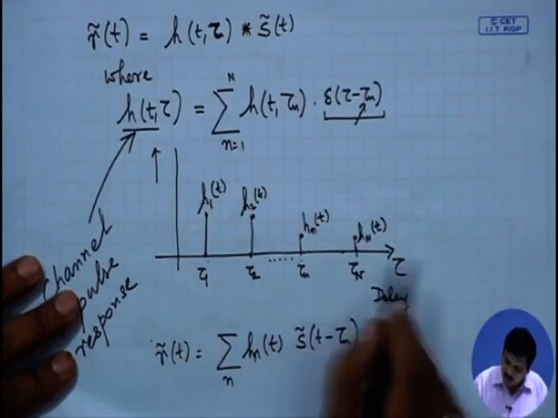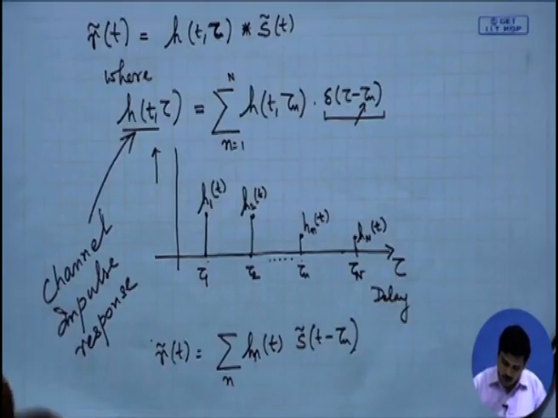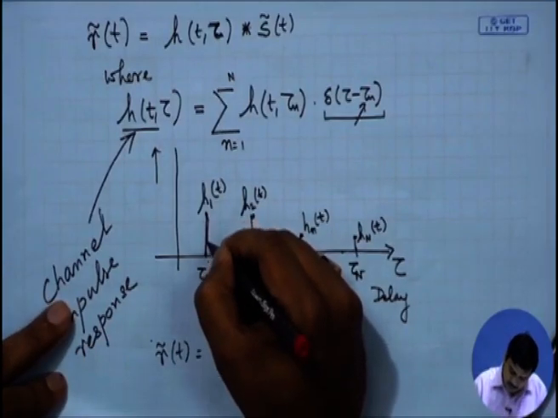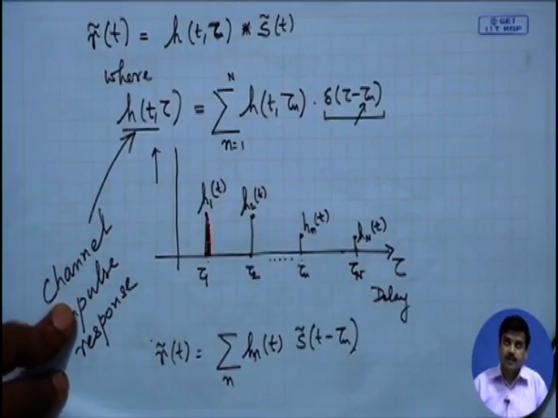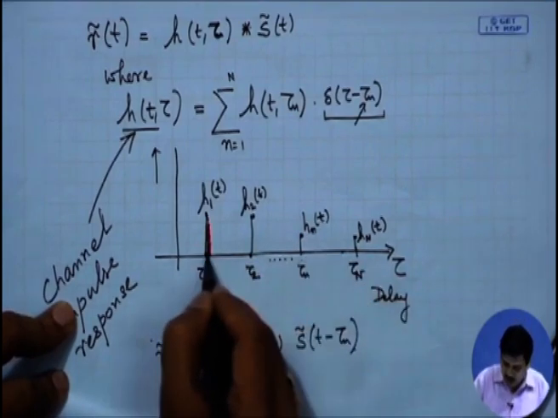Now, these tau n's are very close to each other. So, we will probably have h 2 over here, h 3 over here, h 4 over here, h 5 over here, h 6 over here. So, as if the delays are very close.